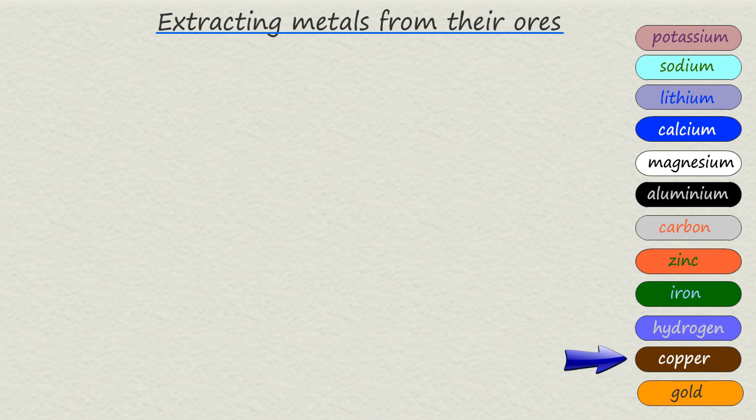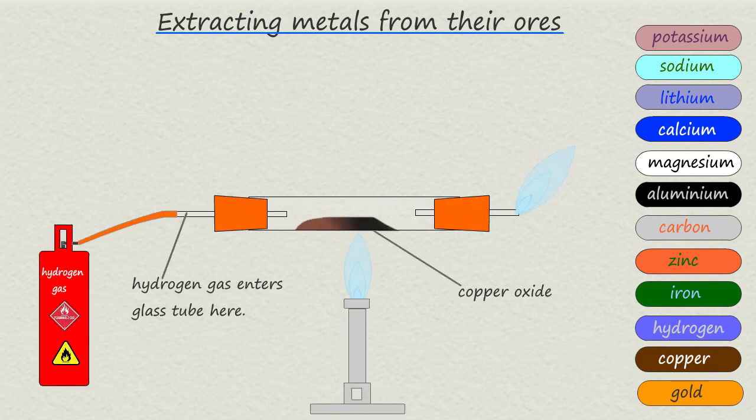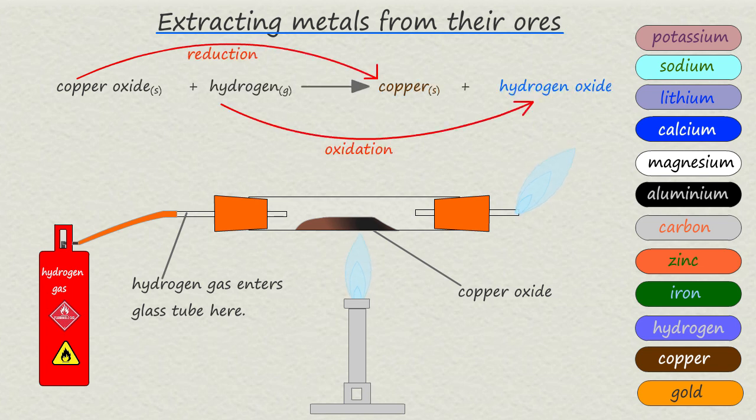Now, if a sample of copper oxide is placed in a long glass tube, and then a stream of hydrogen gas is passed over the hot black copper oxide, then the hydrogen gas will reduce the copper oxide to form brown copper metal. An equation for this reaction is shown. Here you can see that the copper oxide is reduced to form copper metal, while the hydrogen is oxidized to form hydrogen oxide or water vapour.